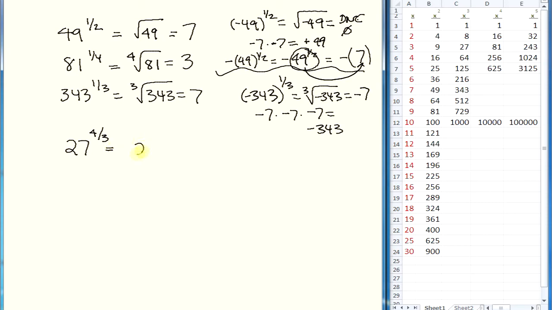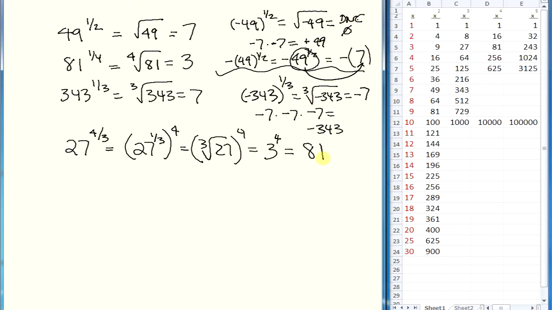Luckily for me, 4/3 is really nothing more than 1/3 times 4. By using my exponent rules, I could do 27 to the 1/3 first, which actually means do the cube root of 27, and take that result and raise it to the 4th. Well, the cube root of 27 is 3, and 3 raised to the 4th is 81. I never have to touch my calculator.